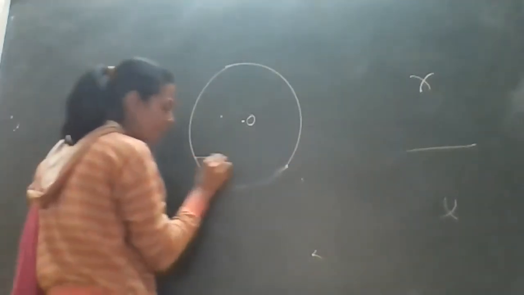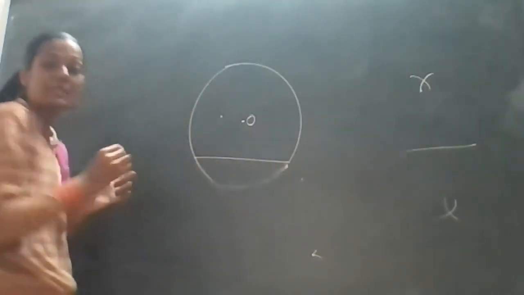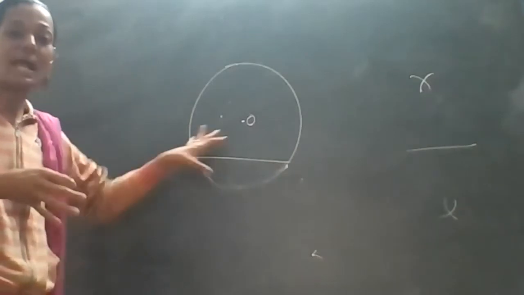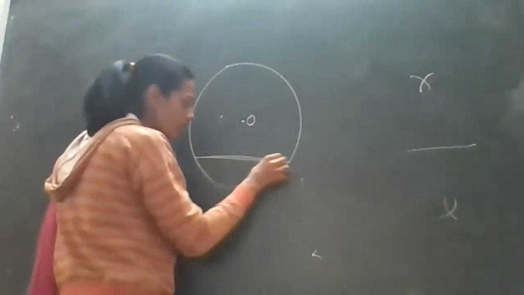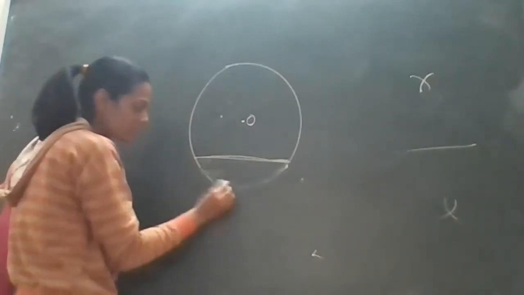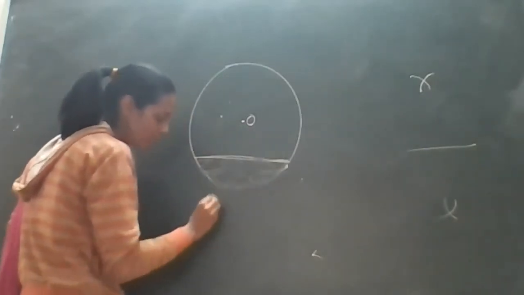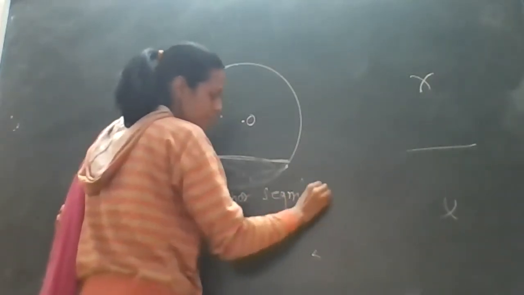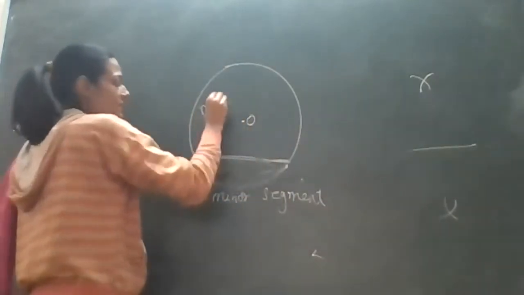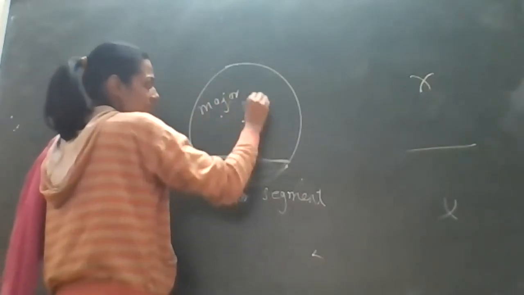Now, I am drawing the chord. We can divide the circle by drawing an arc or a chord. So this smaller part is called the minor segment, and the major part is called the major segment.